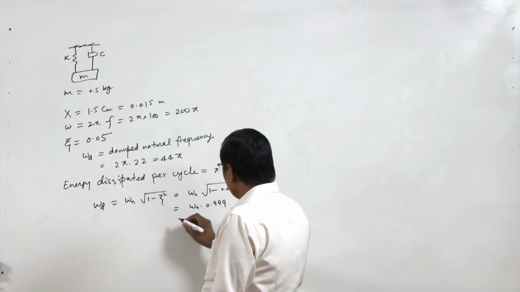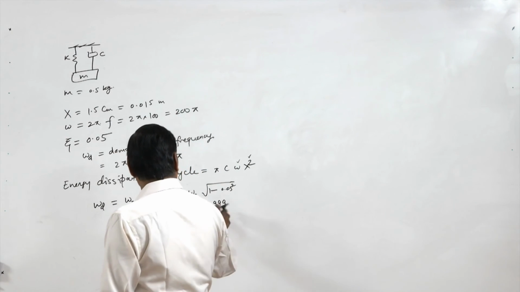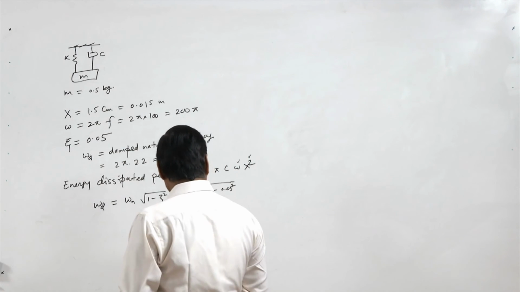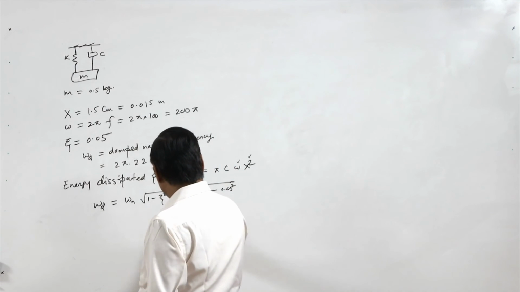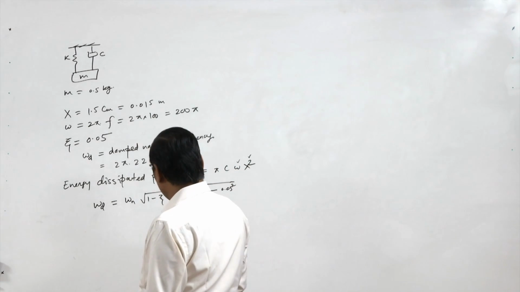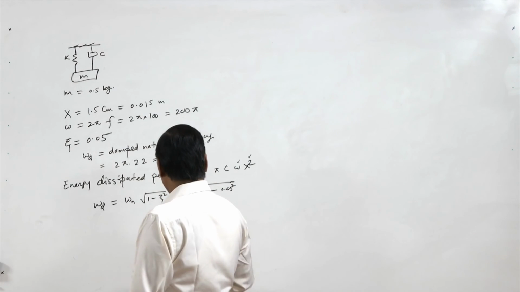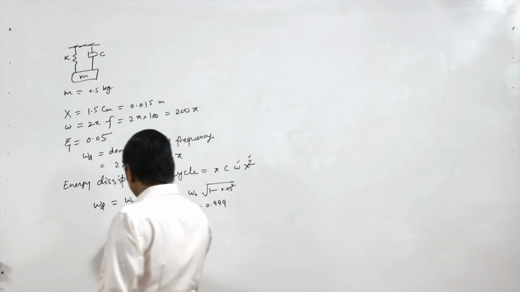So we can assume that omega d equal to omega n, because this quantity 0.05 is very small, and this is almost equal to 1. So we assume omega d equal to omega n, and omega d we know.